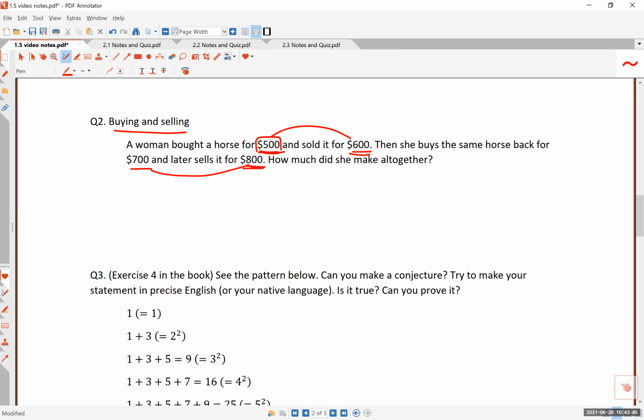Yes, $200 is what she made, but she lost 100 between 600 and 700, because she spent an extra $100. So you have to subtract $100, and that's $100, right? 200 minus 100. So is the answer $100 or $200? Oh, wait, no, she started with 500 and she ended up with 800. So that's 300, right? Isn't that the case?